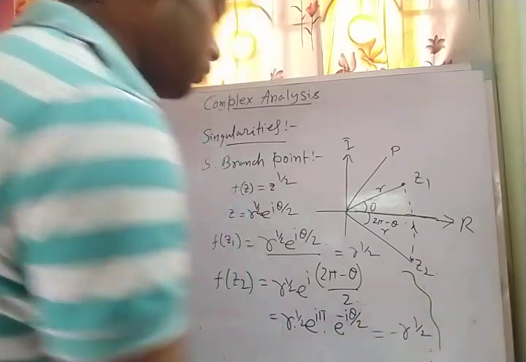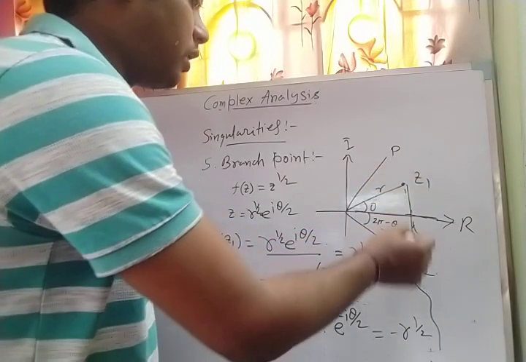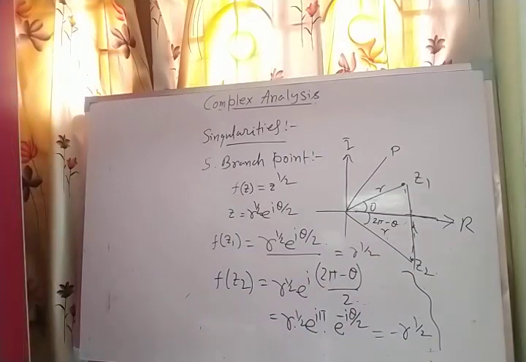So the function does not have a single value at a particular point. So these points are called branch points.